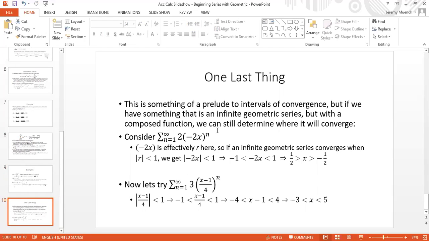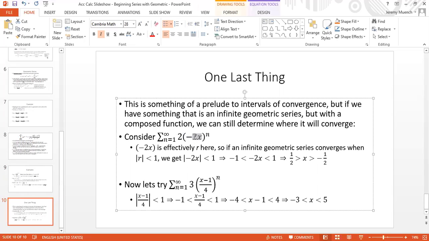So if whatever we have to the n or the n-1 or whatever is supposed to be an absolute value less than 1, because that's the only way it will converge, then we just replace r with whatever is being raised to the n, or the n minus whatever plus whatever, or the 2n, as the case may be. It really doesn't matter. Whatever's being raised to a power that's creating a geometric series, that's going to be how we figure out where it converges or doesn't converge.